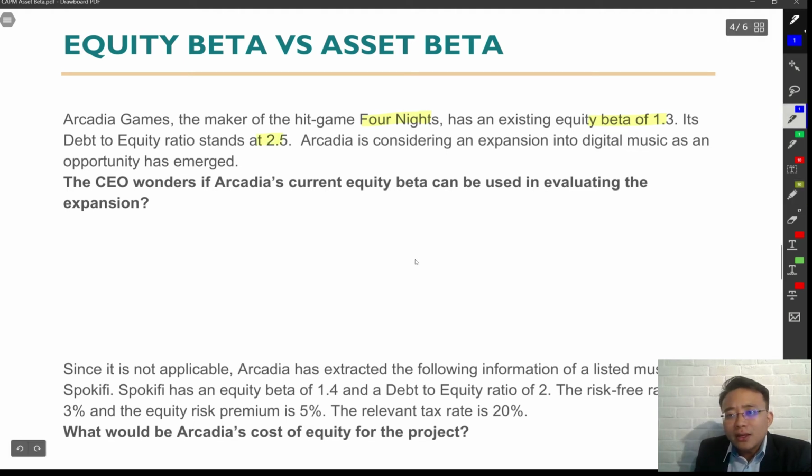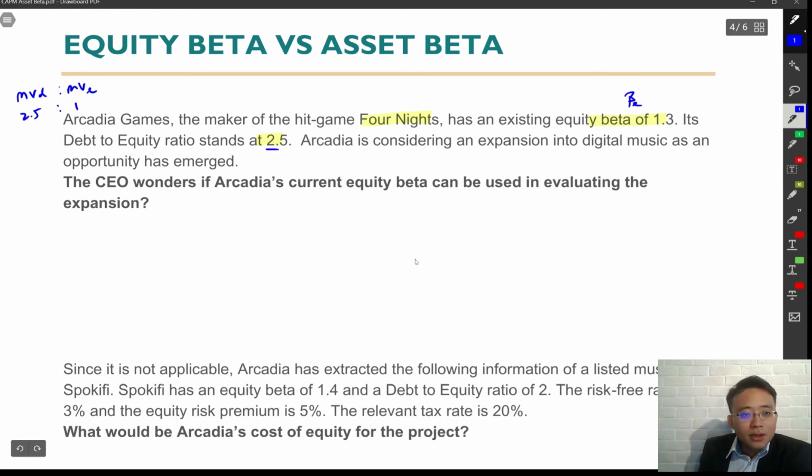Now, in here, I already have my beta equity, they gave it to me, and I have my market value of equity and market value of debt as a ratio, 2.5. Now, to make sure you do not get confused, let me follow the way they presented the ratio. So basically, market value of debt is to market value of equity will be 2.5 is to 1.